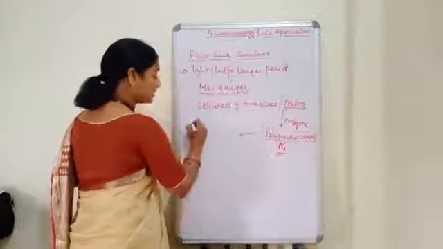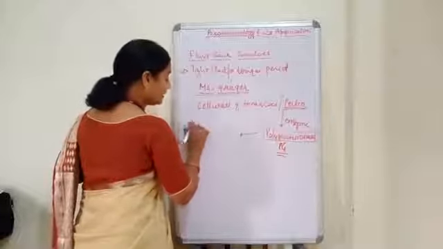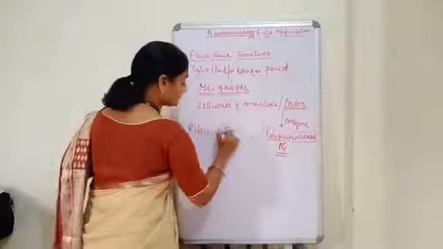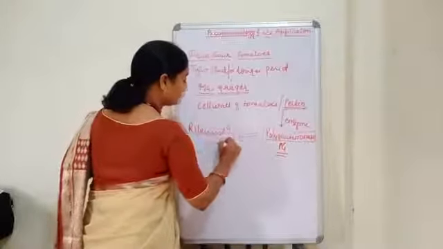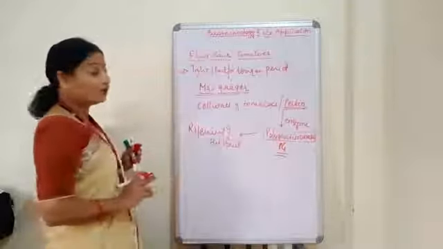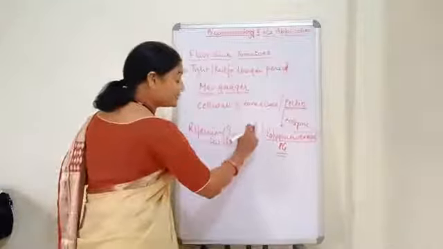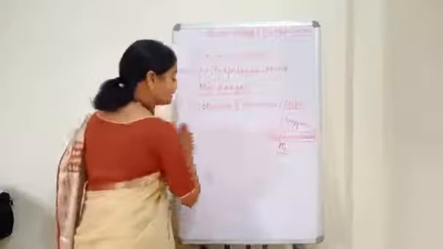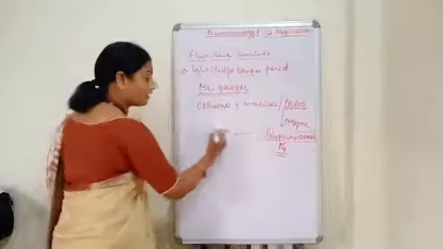So what is it responsible for? Ripening of the fruit. If PG is there, what will it do?